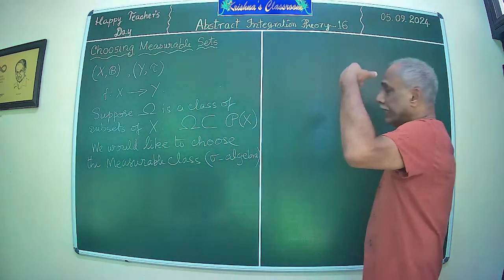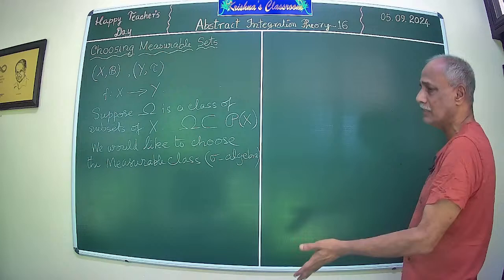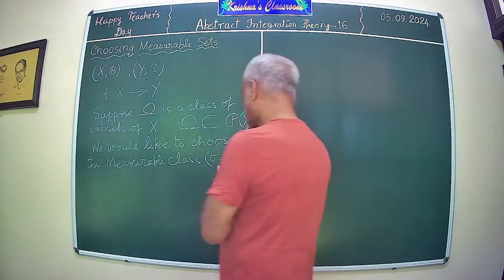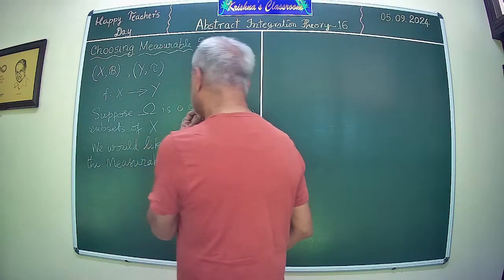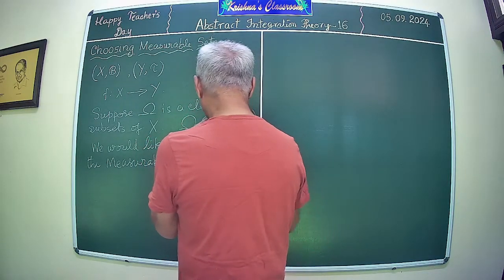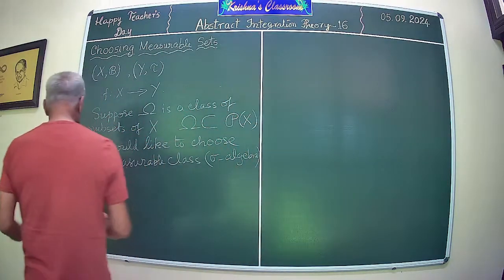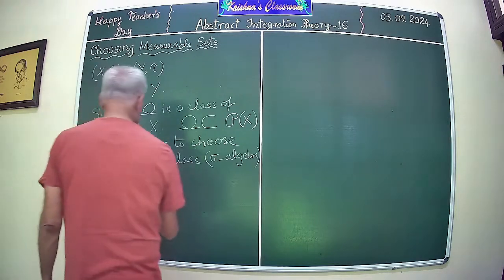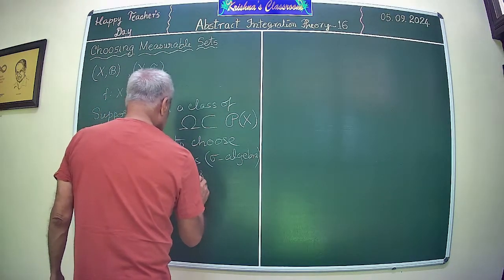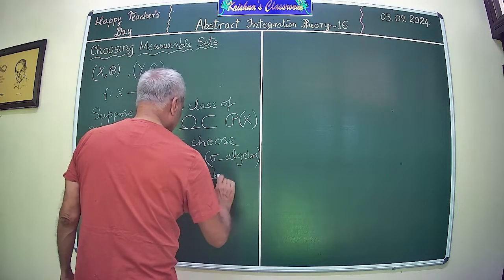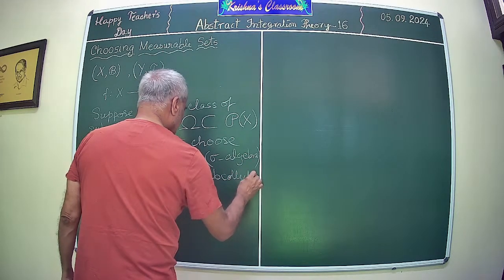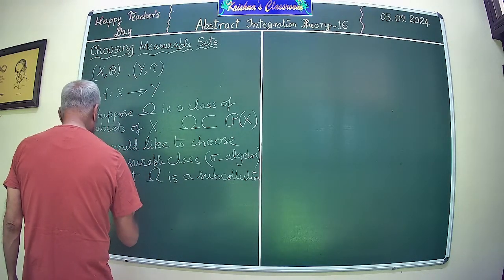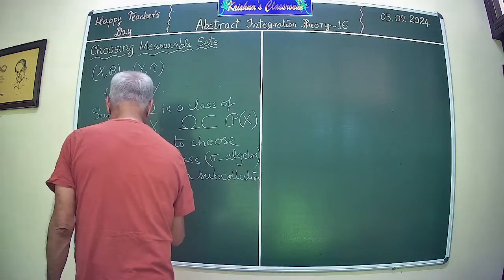See, if omega already has a sigma algebra structure, that's fine, then you can choose that. But that may not be the case. So we would like to choose the measurable class that is a sigma algebra such that omega is a subcollection of such a sigma algebra.